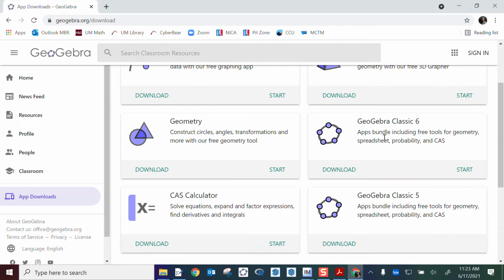It's cloud-based software, so it is sometimes slowed down by slow bandwidth, so that's why I avoid it. I find that schools sometimes don't have the fastest bandwidth, so Classic 5 runs independently on your desktop. It's desktop software, so this is the one that you're going to want to download. Once you download, you get a piece of software that looks like this. I'll go ahead and fire it up.